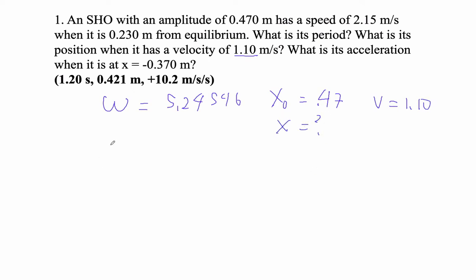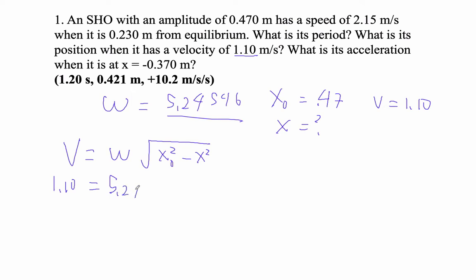So V is plus or minus omega square root of... so now we can plug it in. 1.10 meters per second is omega that we already figured out, 5.24546, times the square root of 0.47 squared minus x squared.